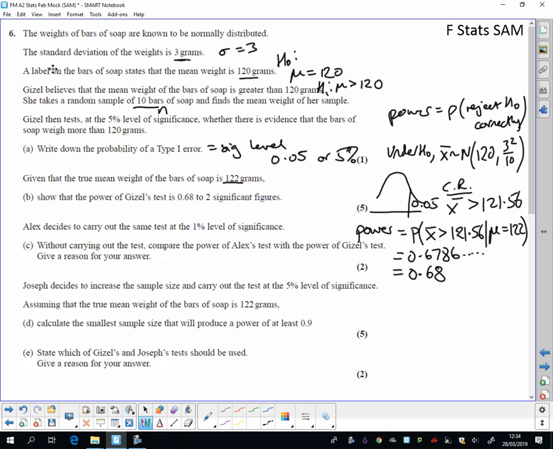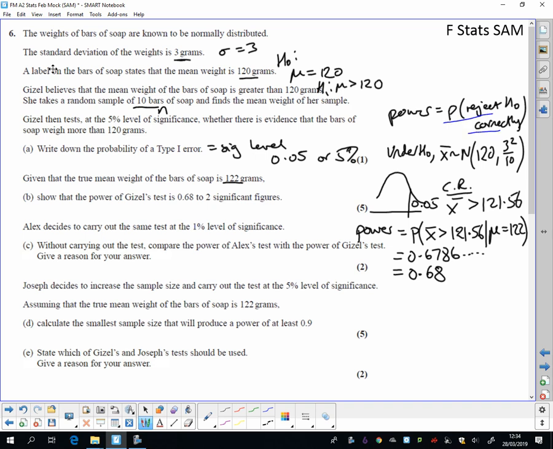Okay, so then Alex is going to carry out the same test, but he's now using a 1% level of significance. So we've got to compare the power of his test with the power of Gazelle's test. Remember, power is the probability you correctly reject H0.